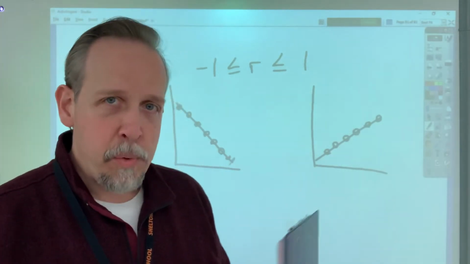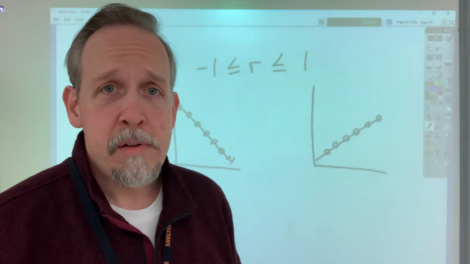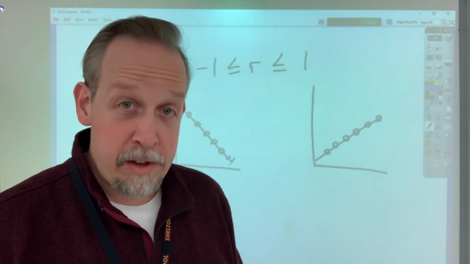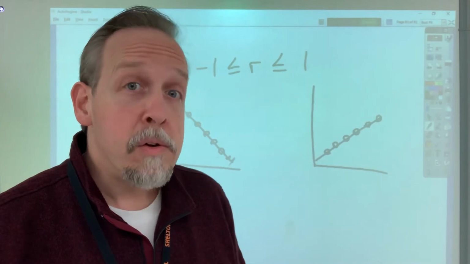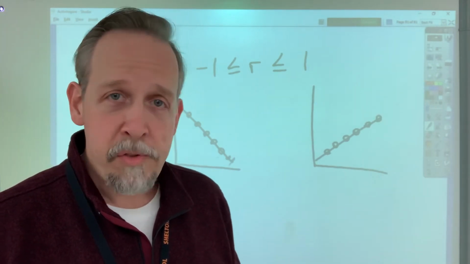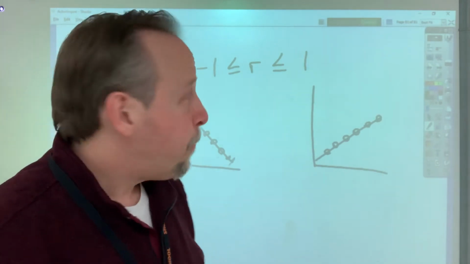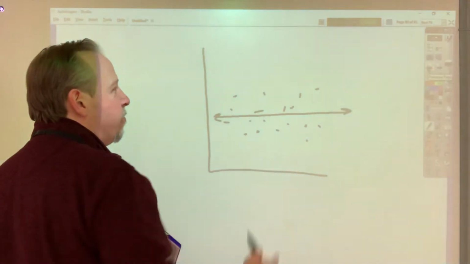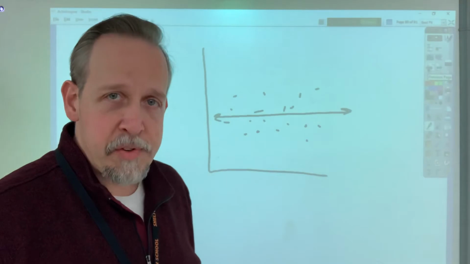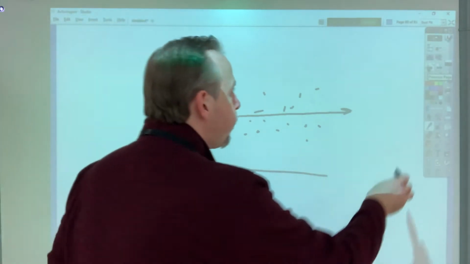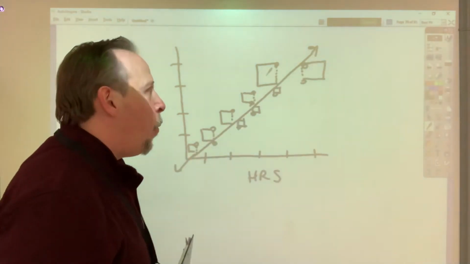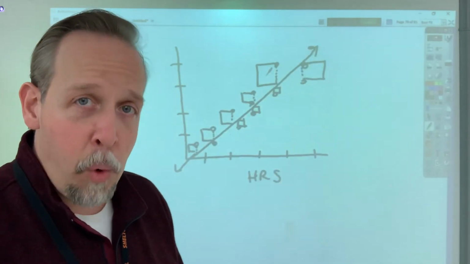As they move in towards 0, they become less perfect. So there's distance off the line. A 0, as you already saw, is totally uncorrelated. The points are everywhere. There's no directionality. So this line would have an R value of 0. There's no correlation. This line would have an R value closer to 1. It's positive, so it would be closer to 1.